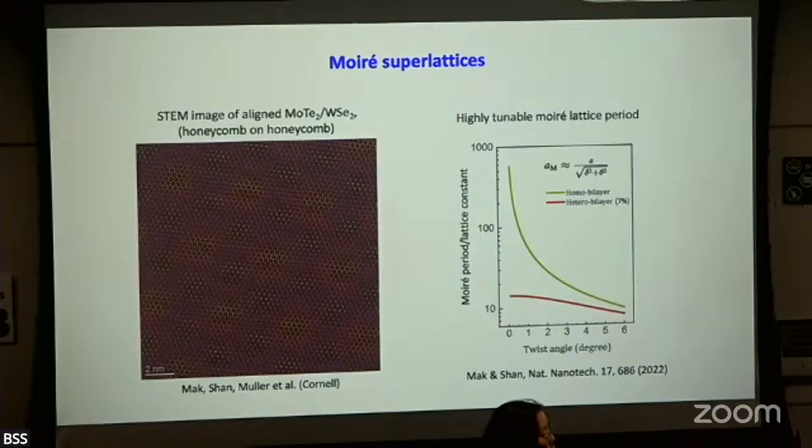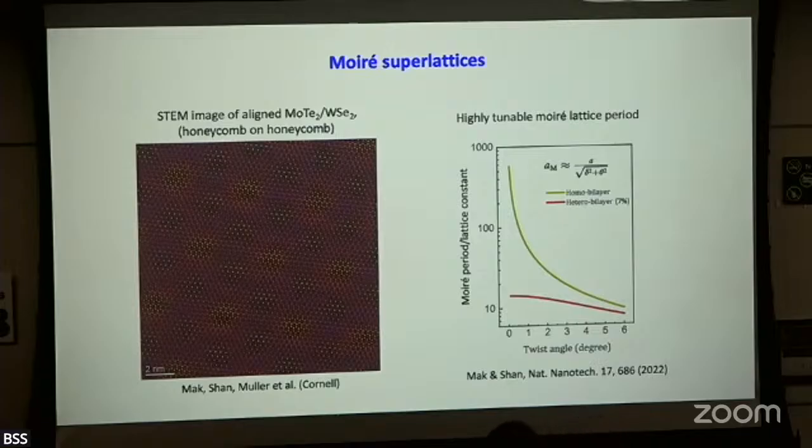This is good if you want something homogeneous, because the lattice constant is mostly determined by the lattice mismatch. But you are pretty much limited by how large a moiré period you can achieve.